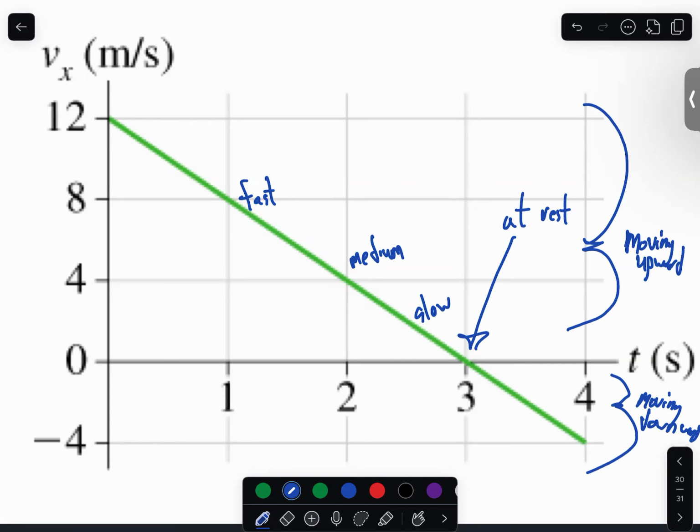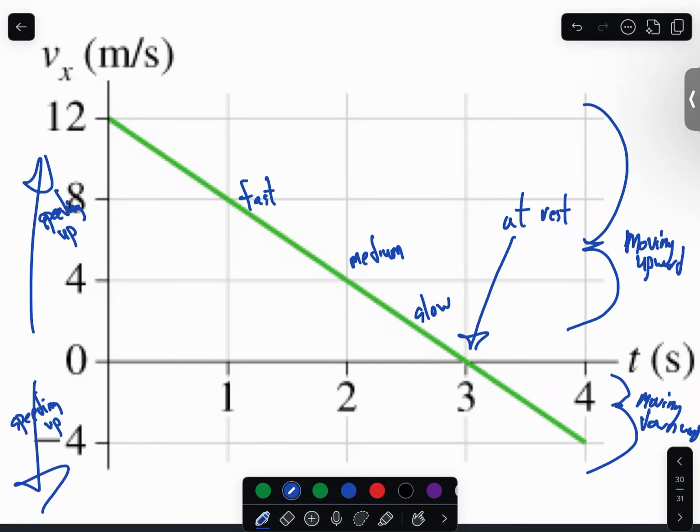So if my velocity is getting further away from the origin, this is speeding up. If my velocity values are getting closer to the origin, I'm slowing down. If my velocities are on the origin, I'm at that instant stopped. We're going to play with the slope of velocity later.